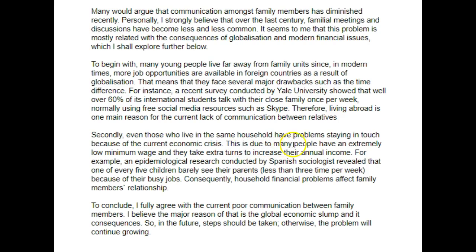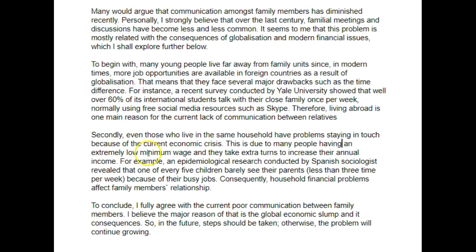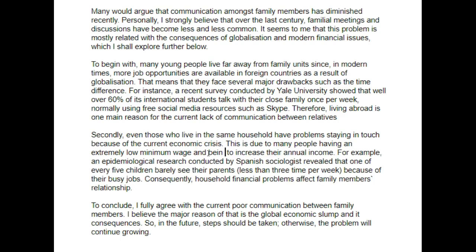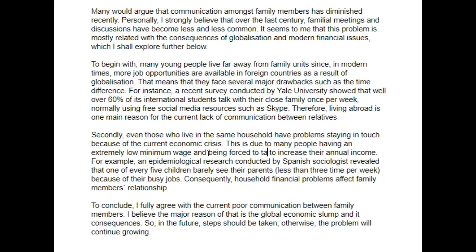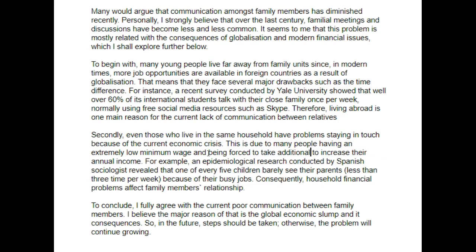So either this is due to the fact that many people have, or this is due to many people having an extremely low minimum wage, and this doesn't make sense. So an extremely low minimum wage and being forced to take additional jobs to increase their annual income.